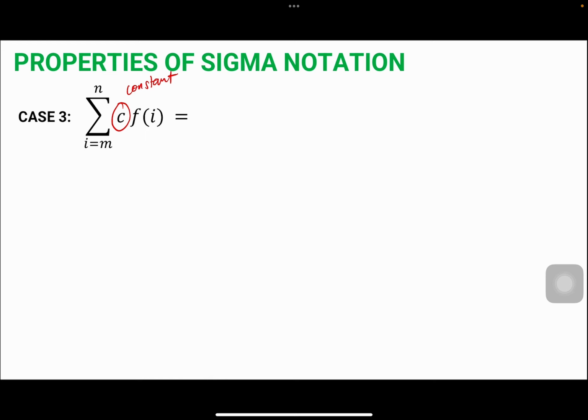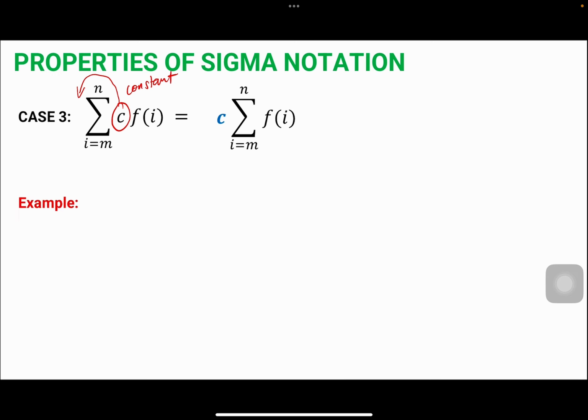So minsan, yung constant na yan, from the word constant ka, hindi siya nababago. So we can now put it bago muna yung ating summation simple para madali nating ma-expand na yung function of I from I is equal to M up to N.